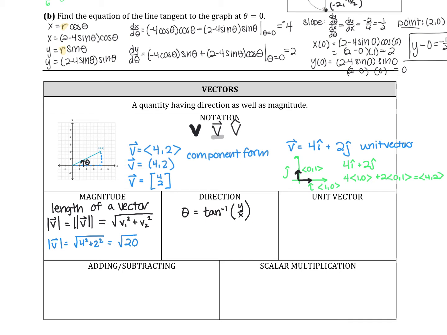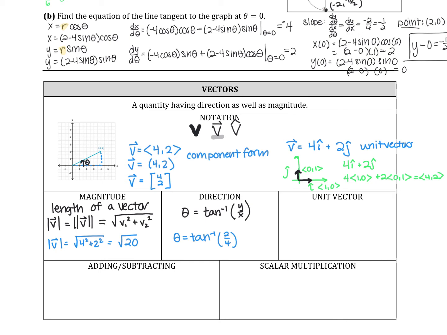The y component or the j component over the i component. So in our example up above, I would say that our direction is theta equals the tangent inverse of 2 over 4. And yeah, I could plug that in my calculator, but I'm guessing that part you can do.